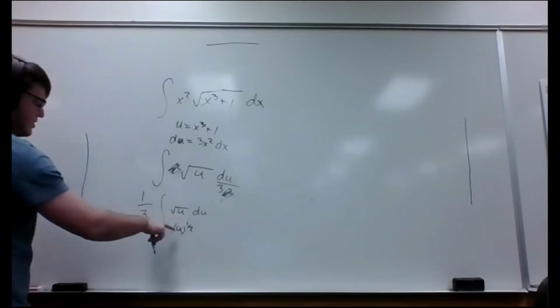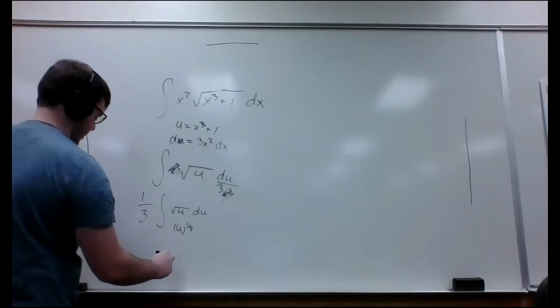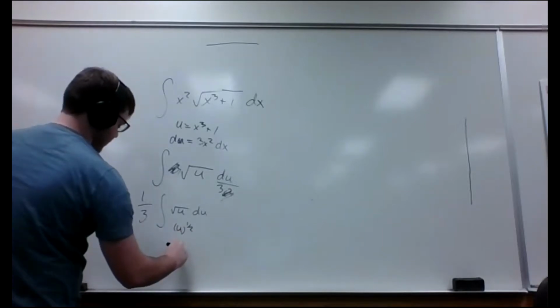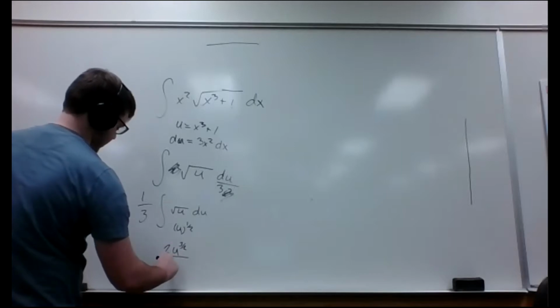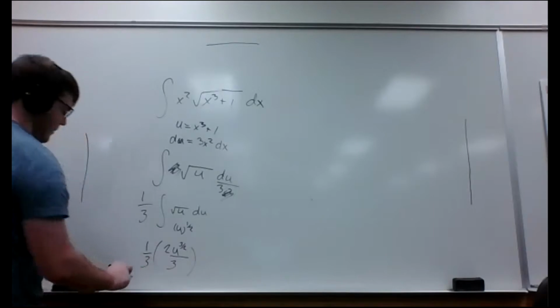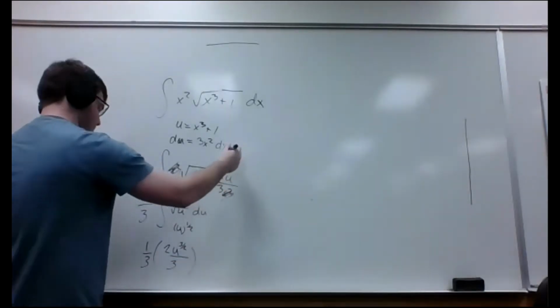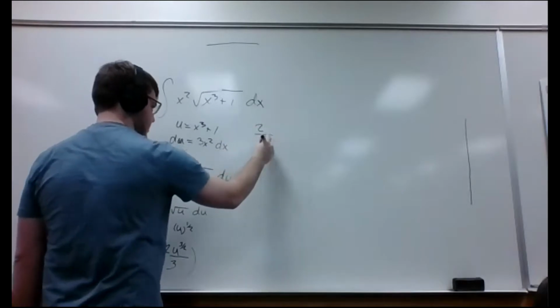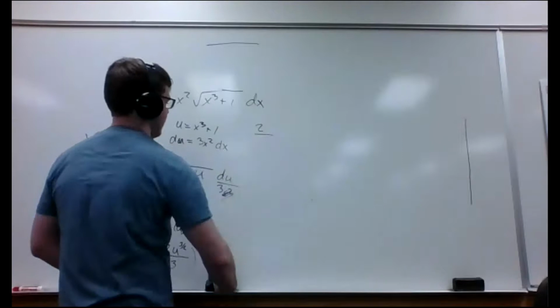And so then we just use the general power rule. We go up by a power, and then we divide by the new power. So it'd be u to the 3/2 divided by 3/2, or multiplied by 2/3. That's going to be multiplied by 1/3. And so our answer would be 2 over 6, or 2 over 9, my bad.